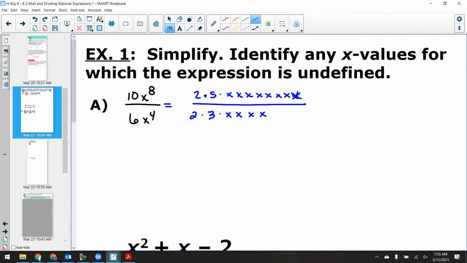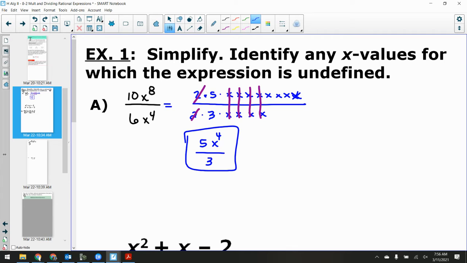So I wanted us to shift our thinking into figuring out what can cancel in both numerator and denominator, because now I see 1, 2, 3, 4 sets. There we go. The 2's cancel, and then we got 1, 2, 3, 4 sets of x's canceling, right? So we know that this will reduce down into 5x to the 4th over 3, right?